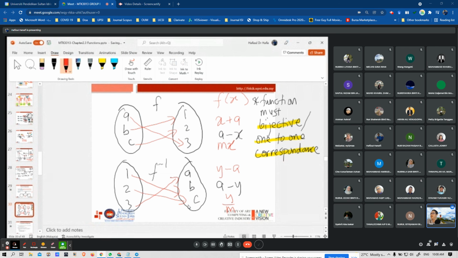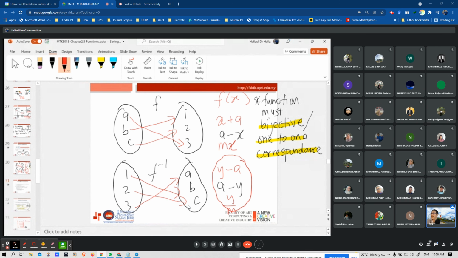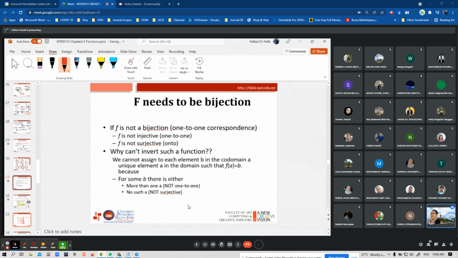Okay, for example, we can have f(x) = mx + a, y = mx + a. For the inverse, you must have y - a, and then (y - a) divided by m. This one is for inverse. Okay, and then f needs to be a bijection.